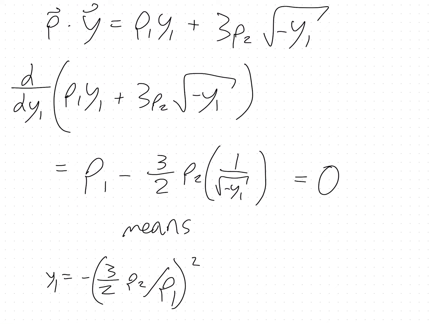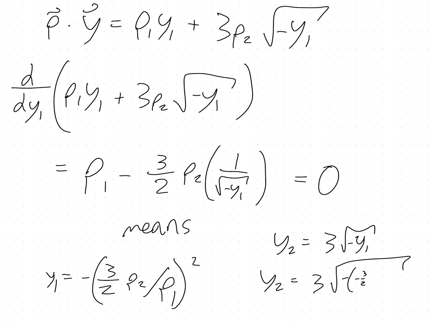And now that we have our y1, we can come back up to our constraint, which is y2 equals 3 root negative y1. And I guess I'll say not our constraint, but the thing we figured out has to be true at an optimum. And we see y2 equals 3 times the square root of negative 3 over 2, p2 over p1 squared.